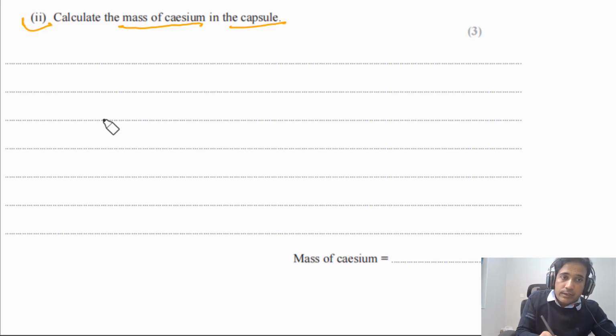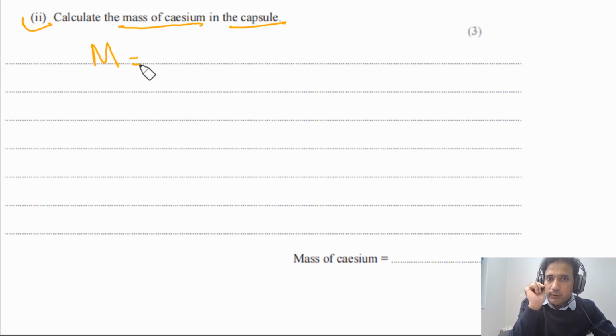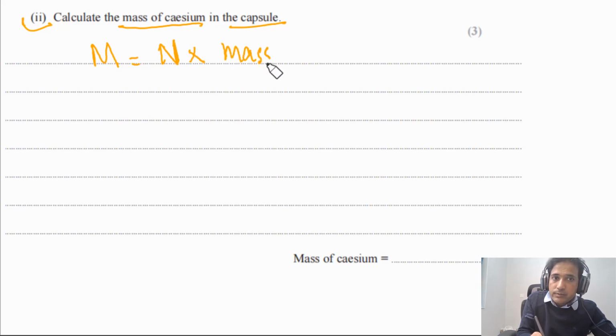Let's say the mass is capital M. If we can find the total number of nuclei of cesium and we have the mass of one single nucleus, we can multiply and find the total mass.